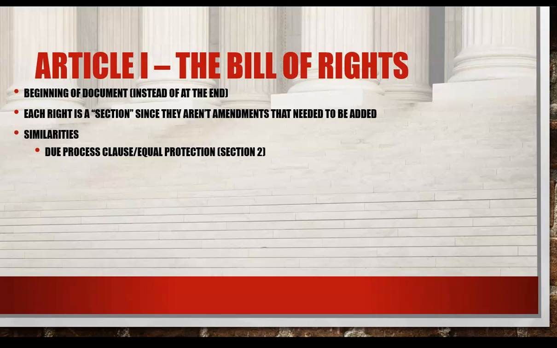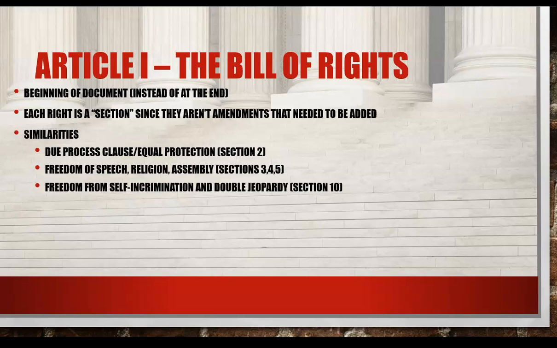So we do have a due process clause that is in Section 2 of the Bill of Rights. So everyone in Illinois is entitled to due process of the law and equal protection under the laws. We also have reinforced the freedom of speech, religion, and assembly. That's in Sections 3, 4, and 5 of our Bill of Rights. We also have freedom from self-incrimination and from double jeopardy.